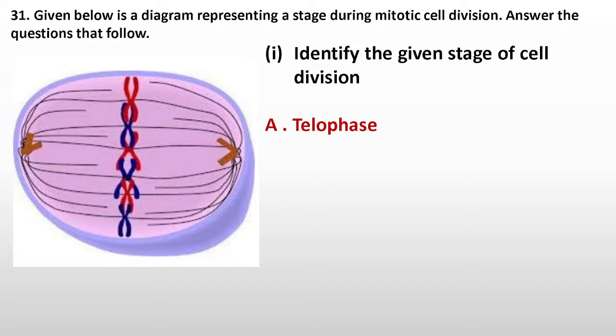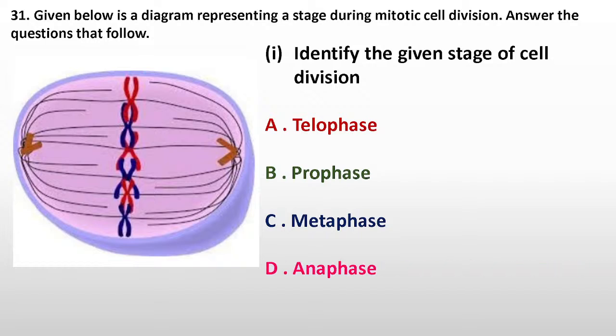A, telophase, B, prophase, C, metaphase, D, anaphase. So identify the given stage of the cell division. There is a definite clue hidden in this.